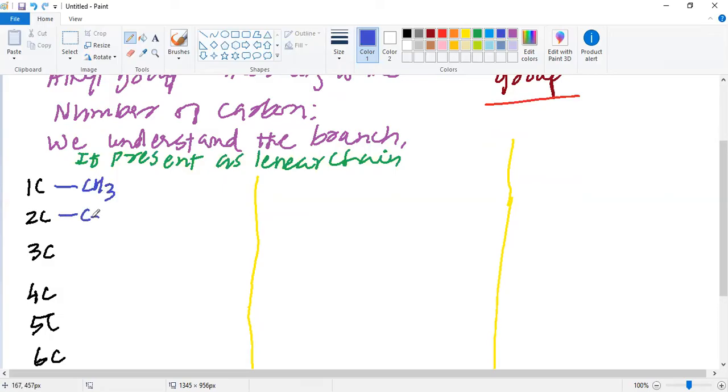For 2 carbon it is C2H5. For 3 carbon it is C3H7. For 4 carbon it is C4H9.